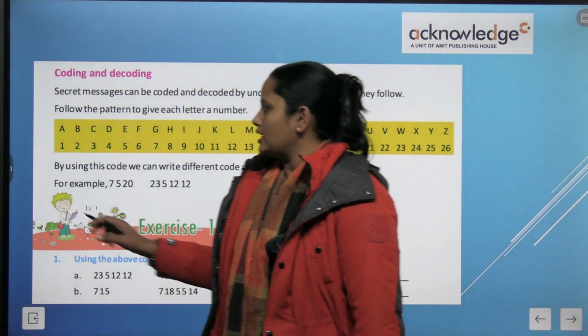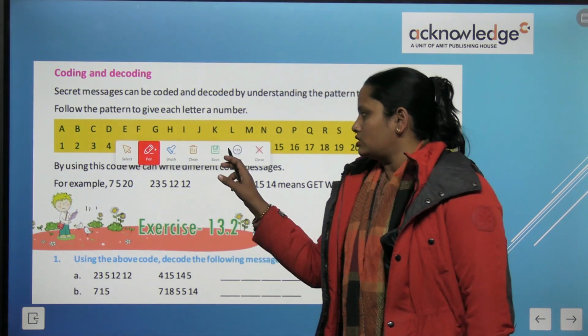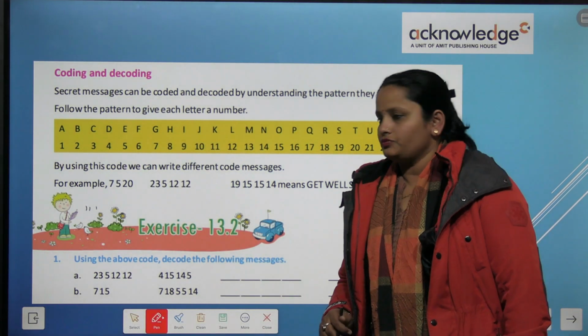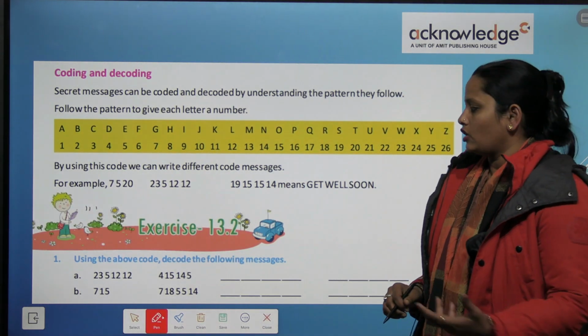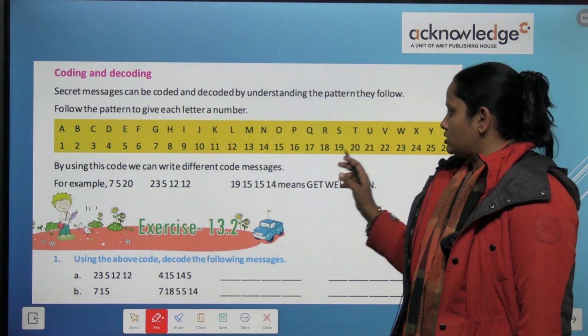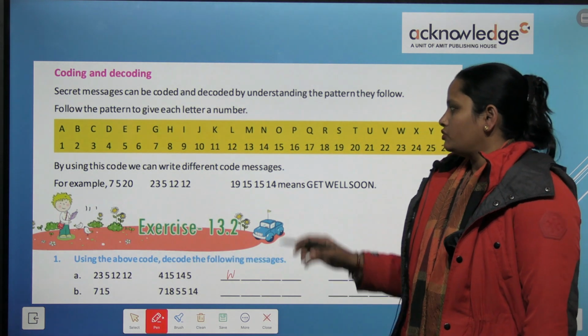So like this children, let's start this exercise which is exercise number 13.2. So 13.2 start करते हैं. Here you have to use the above code. यहाँ जो code दिया गया है इसे use करना है और हमें इन messages को decode करना है. So here the first is 23. So 23 is W. 5.